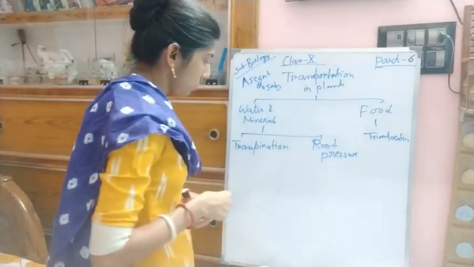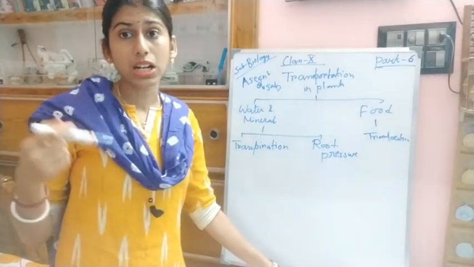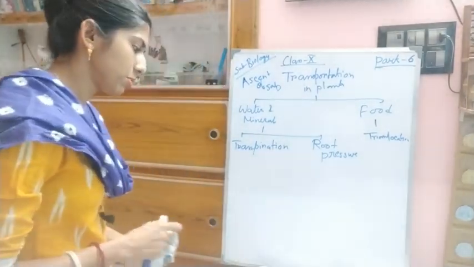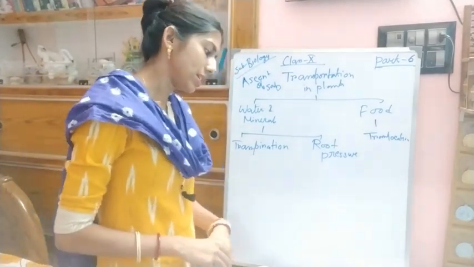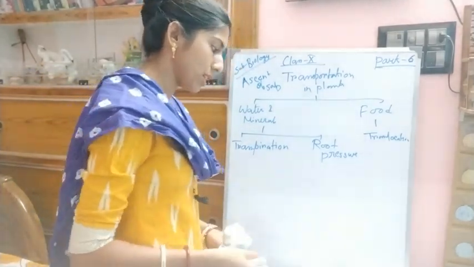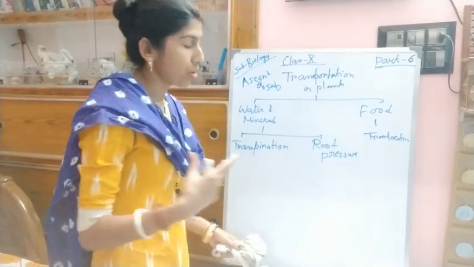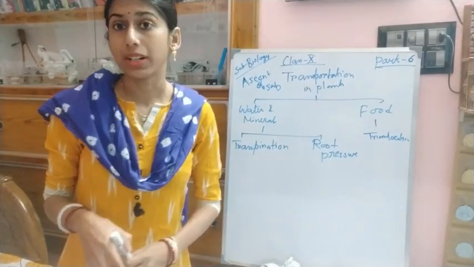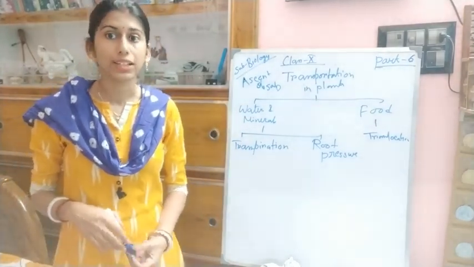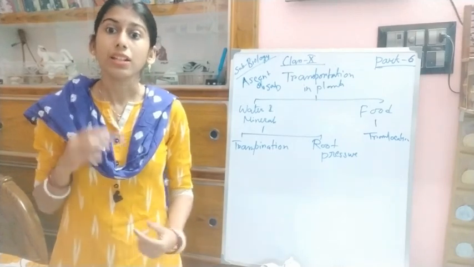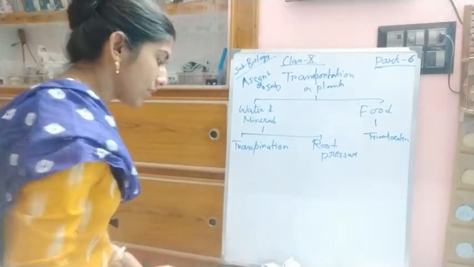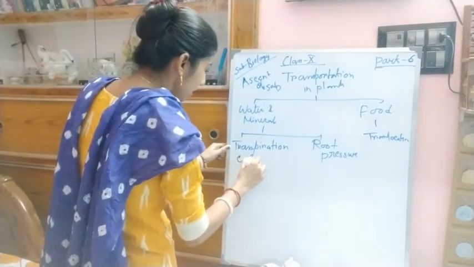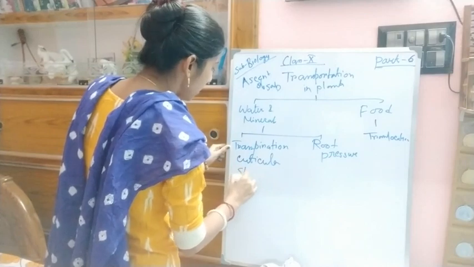So what is transpiration? Transpiration is the loss of water in the form of water vapor through the aerial parts of the plant. I am repeating, transpiration means loss of water in the form of water vapor through the aerial parts of the plant. Transpiration may be of some types, that is cuticular transpiration and stomatal transpiration.